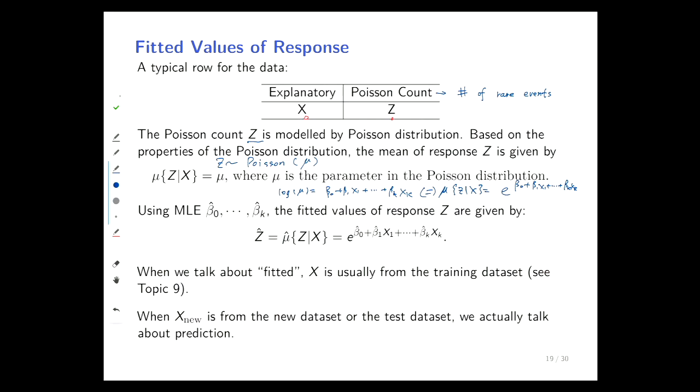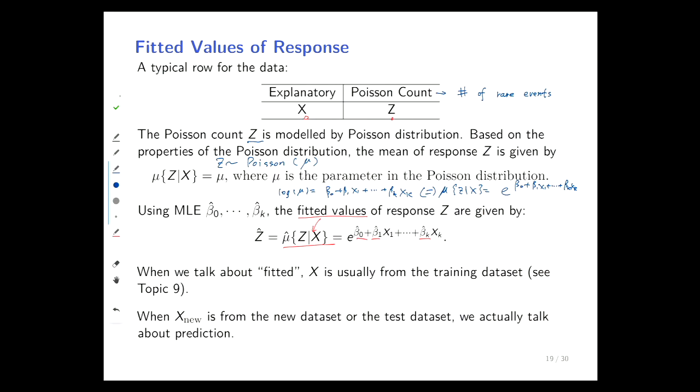By using this form, we can consider the fitted value as the estimated mean of response. The fitted value is the estimated mean of response obtained by plugging in the maximum likelihood estimation results. Still a similar idea of plugging in the estimation. And for a little bit of review or comparison, maybe we should write it here.